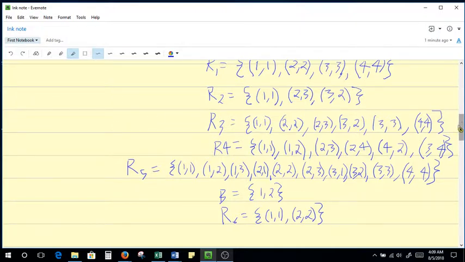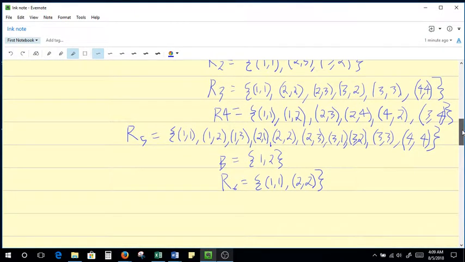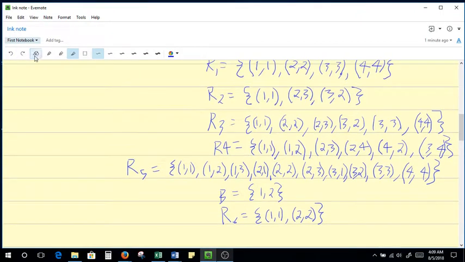So for our last one, let's take a look at, or no, I guess we're on number 4, sorry. So again, 1, 2, 3, and 4. So 1 is on top of itself. Then we have 1 to 2.